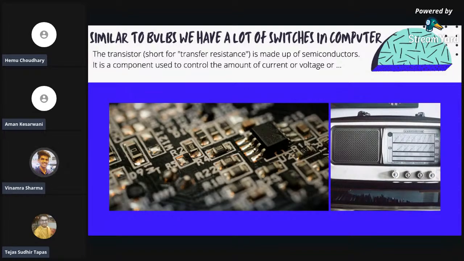So similarly to the bulb, we have a number, or a million or a billion, of transistors attached to a particular chipset that we are using in our computer system. As you know, at the present time, computers are using integrated circuits, that is ICs, which made it pretty much small and compact itself.